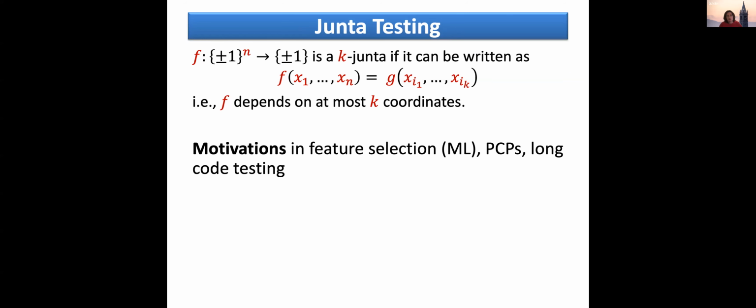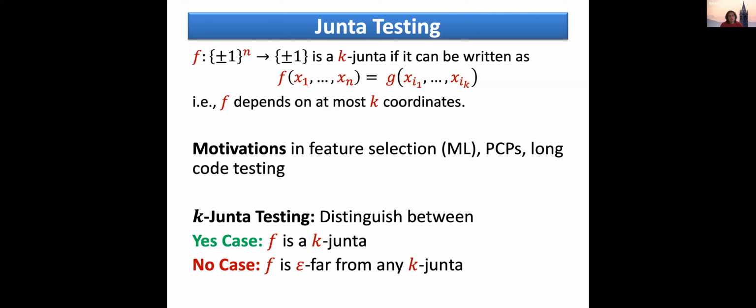You might have data with many inputs, and running a learning algorithm is expensive, so maybe you first want to test whether or not you actually depend on all of the inputs. If you're close to depending on only a few of them, then you can run your Junta learning algorithm, which is more expensive. But other motivations come from probabilistic checkable proofs, dictatorship testing, and long code testing, which I don't have time to get into.